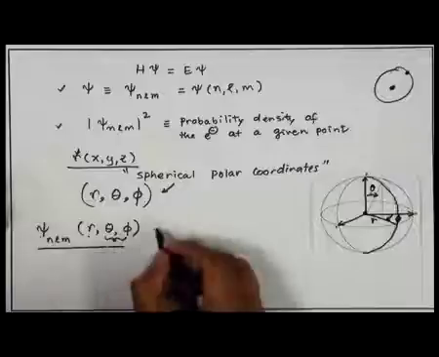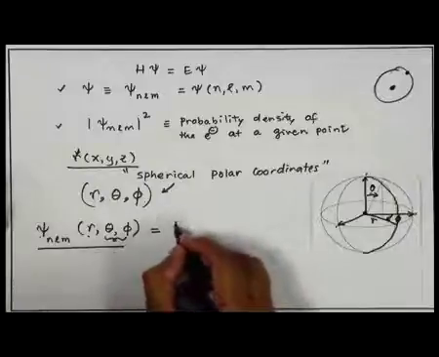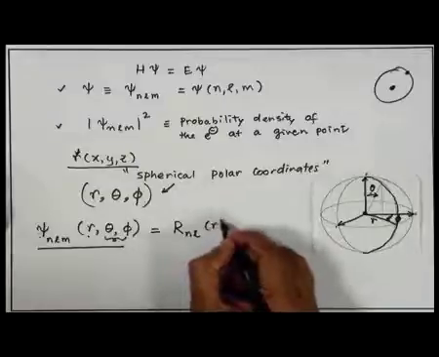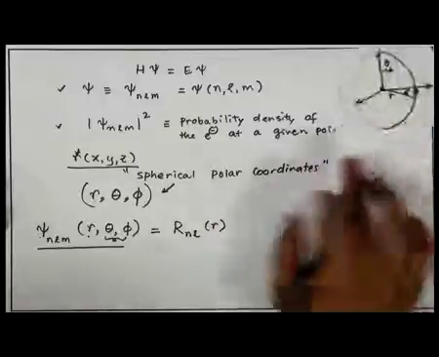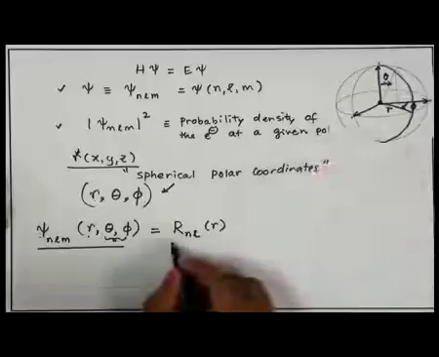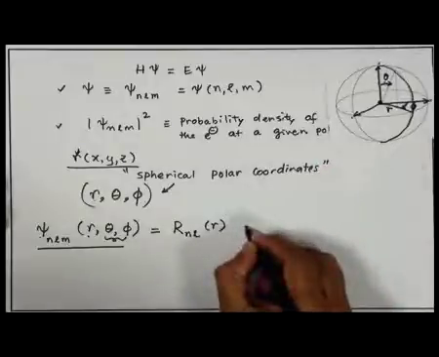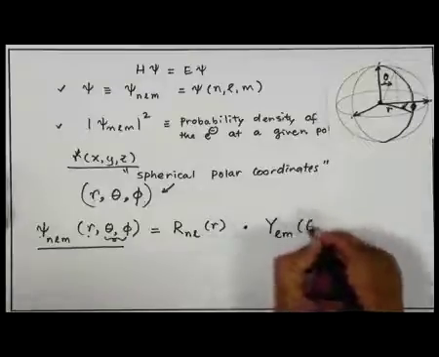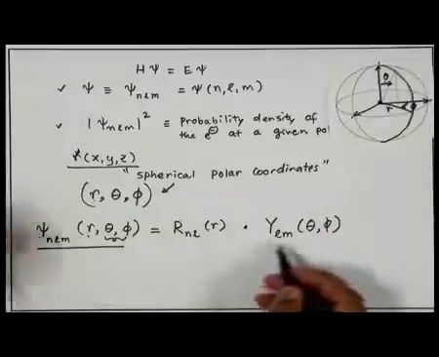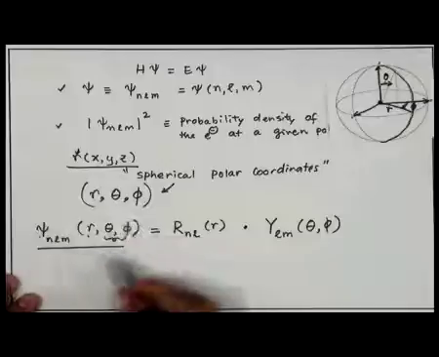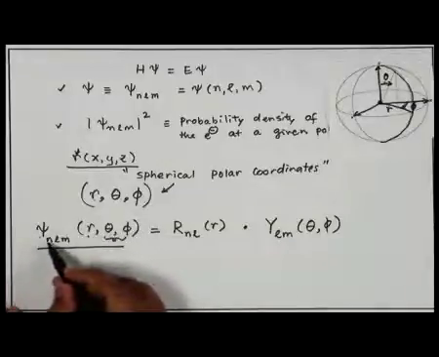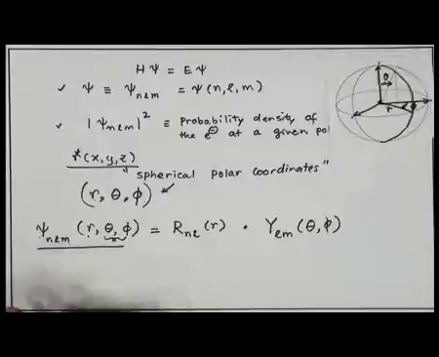This form of the wave function can also be written as a product of 2 wave functions, which contains one radial part, given as R n l, multiplied by an angular part which depends on theta and phi. So, this is the total wave function which depends on r, theta and phi, and is signified by 3 quantum numbers n, l and m.